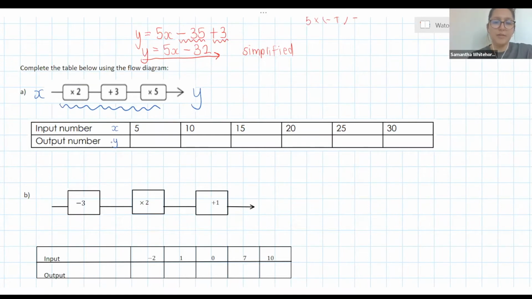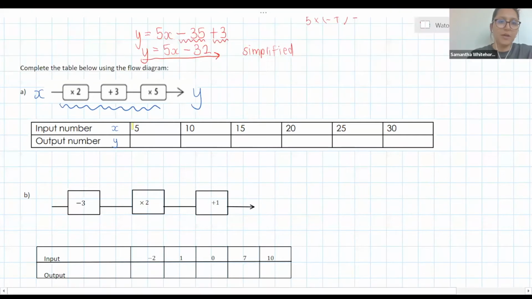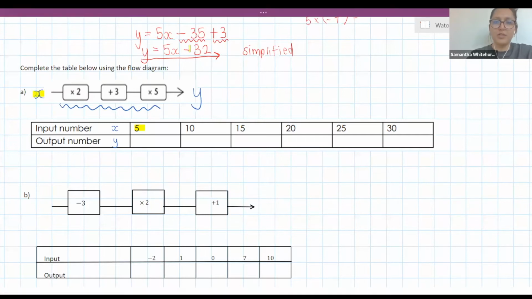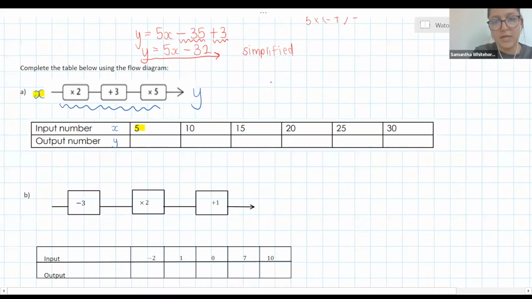If we have a look here, I'm going to do the first one with you, and then I'll get people to answer the rest. Our first one has an input of 5. So I'm putting 5 into this flow diagram. The first thing I need to do is take 5 and times it by 2. That's the first block. We know that 5 times 2 is 10. I'll then take that answer and put it into the second block, where I now say 10 plus 3, which is 13.